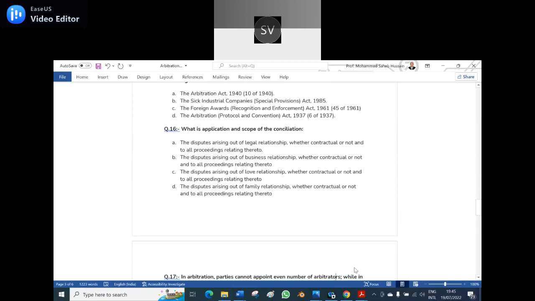Option C, the disputes arising out of love relationship. Option D, disputes arising out of family relationship. Option A, ma'am. Yes, legal relationship, whether contractual or not, and all the proceedings relating thereto.